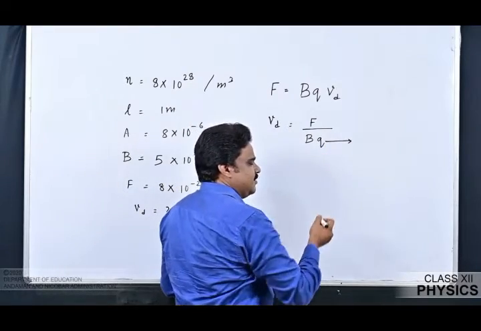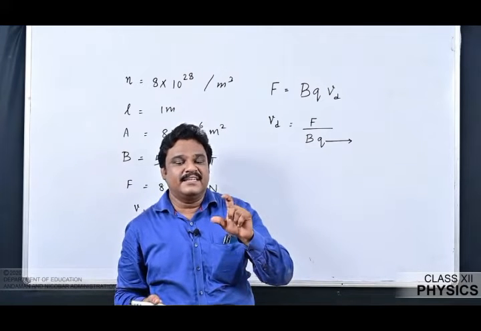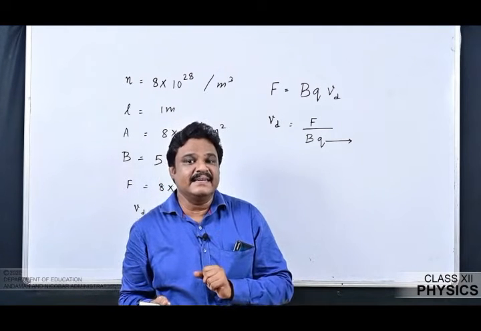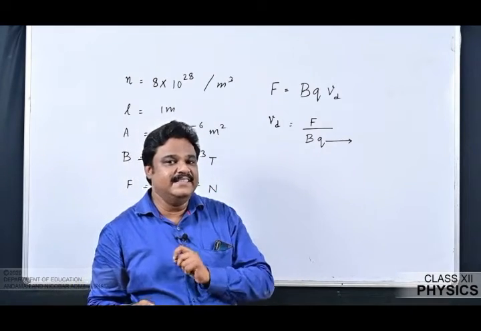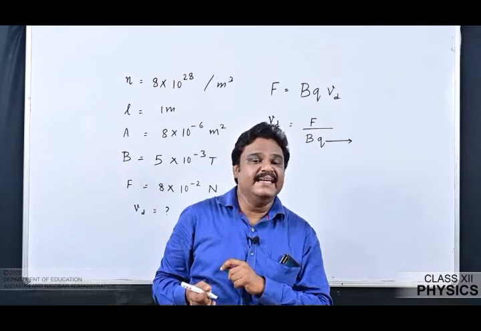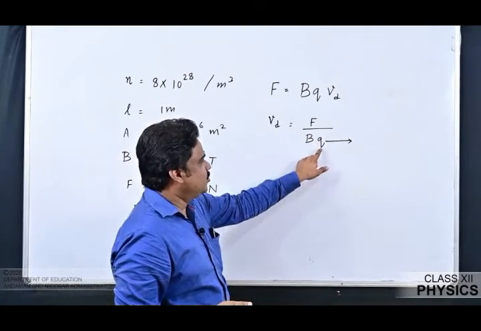You know already, while deriving an expression for drift velocity and electric current in current electricity, we derived I is equal to ENAVD. But once again I am going to make a very quick recap. How can I arrive at the total charge on the wire?